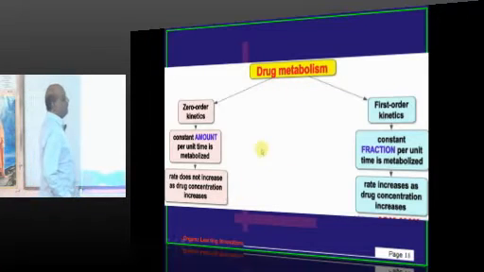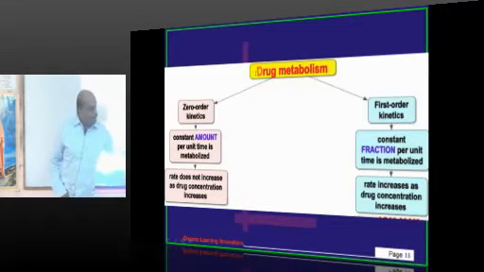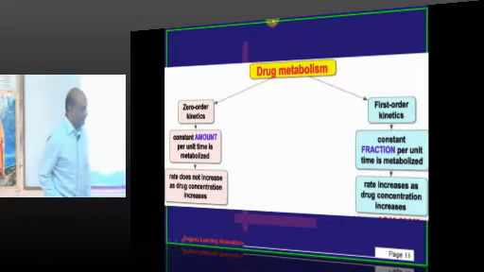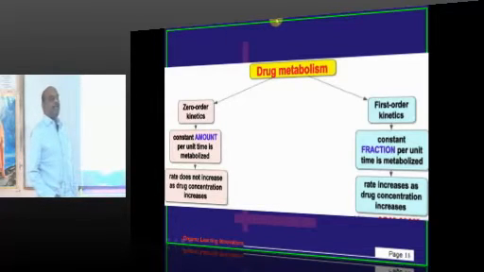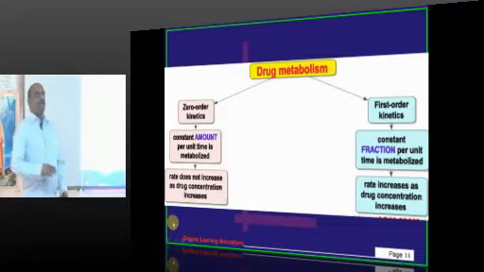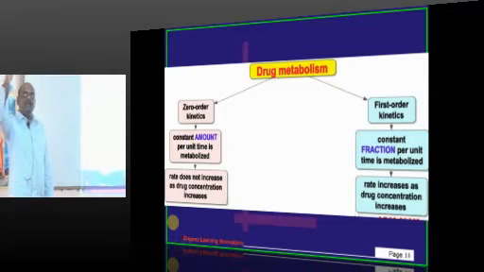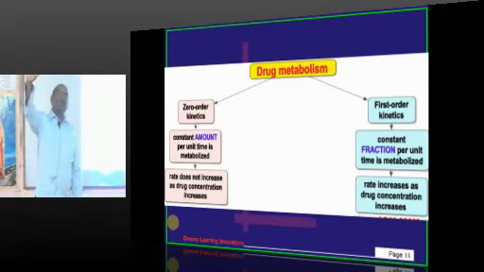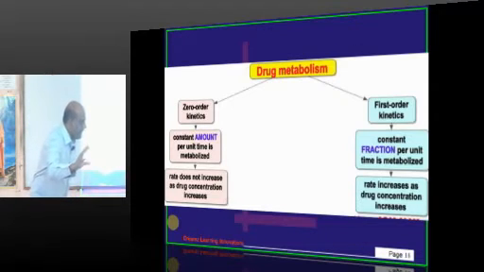Drugs also, if a constant amount of drug is metabolized for every unit time, then you call it zero order kinetics. That means 100 became 95. You have administered a drug, doctor, and the blood concentration is 100 milligram per deciliter. That became 95 milligram per deciliter after 1 hour, say.